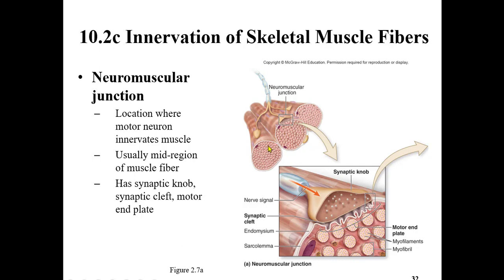Well, just like one street connecting to another street, there is some kind of space in between nerve and muscle. Well, that's what this is. If you look carefully at this picture, I have a motor neuron coming down, and then there's a little space in between. They're not touching. Then you have your muscle down here.